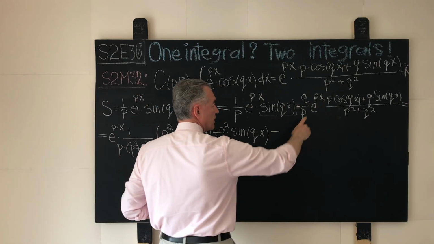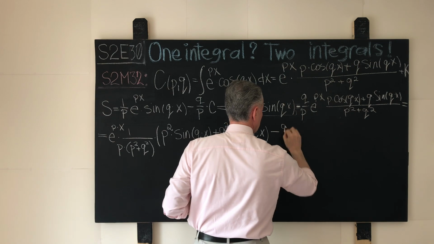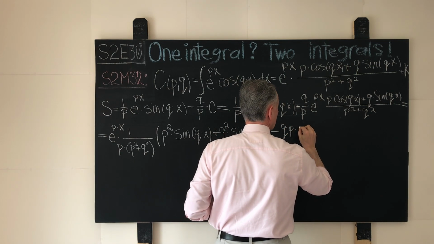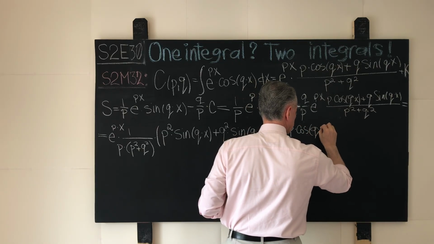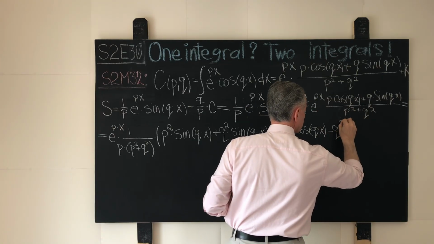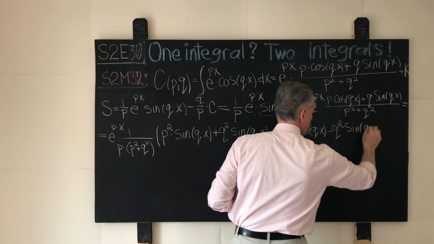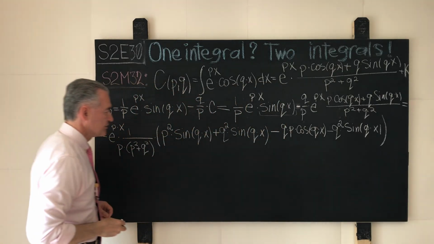So here what do we have? We have q times p. Q times p times the trigonometric function of cosine evaluated at the argument q times x minus q squared times the trigonometric function of sine evaluated at argument q times x, and the parentheses.